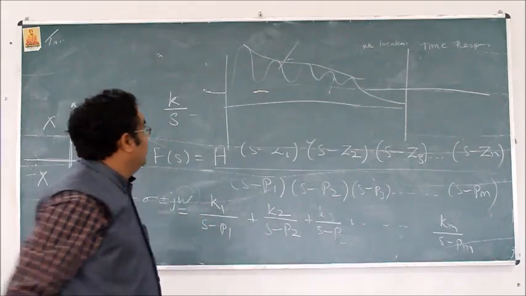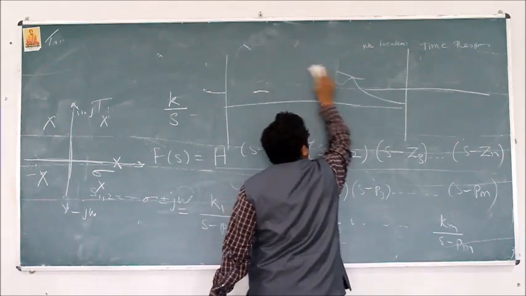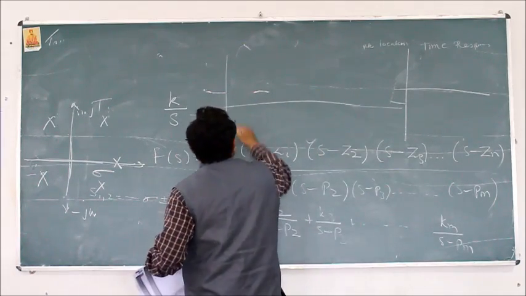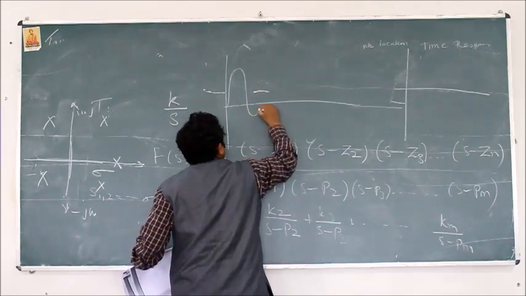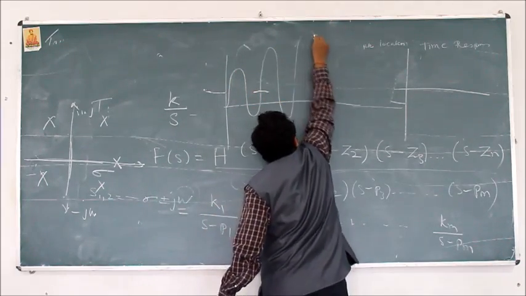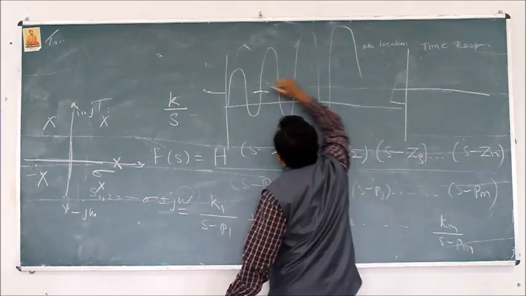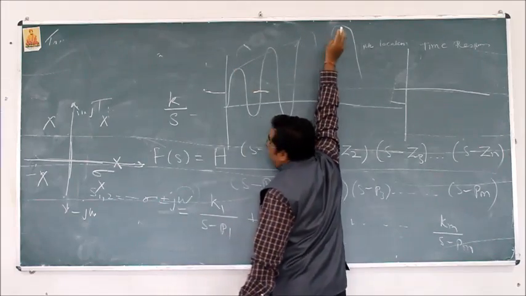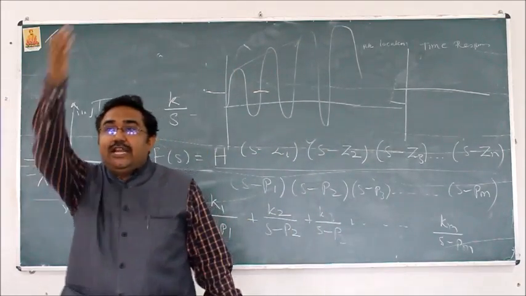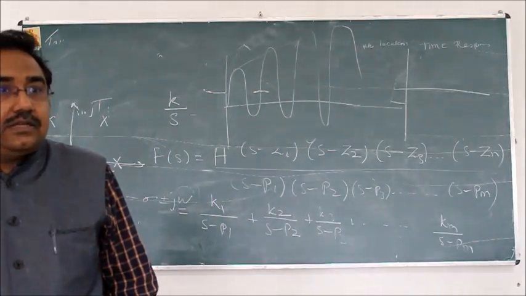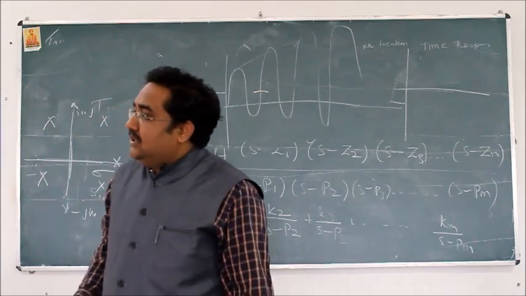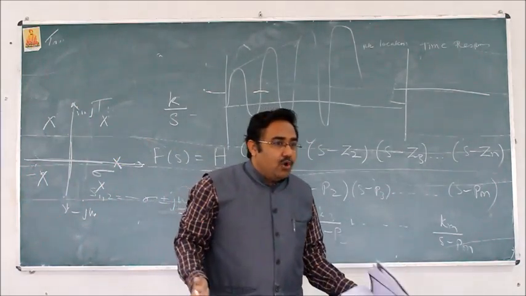How will it look? Like this. If I join the peak to peak, it will be exponentially increasing. So this is all about the location of the poles.